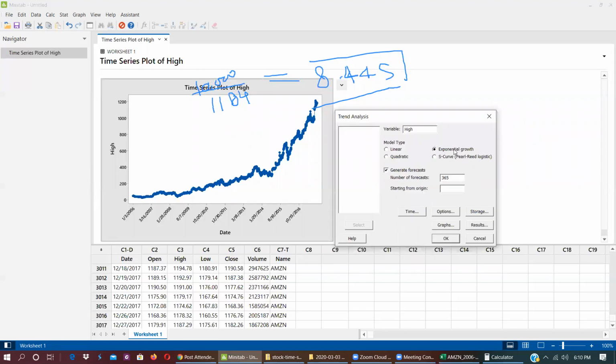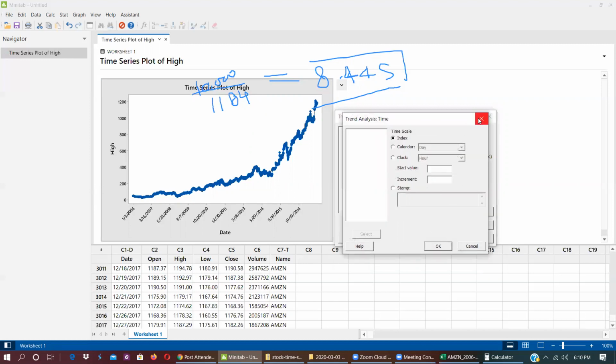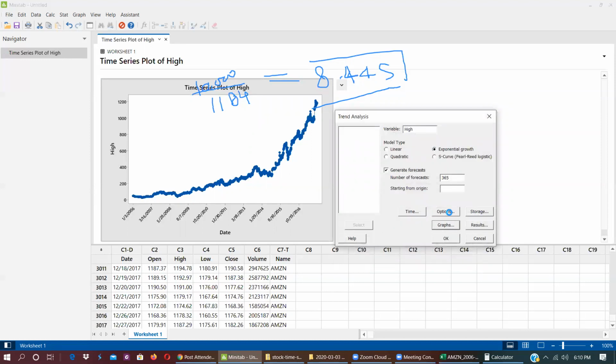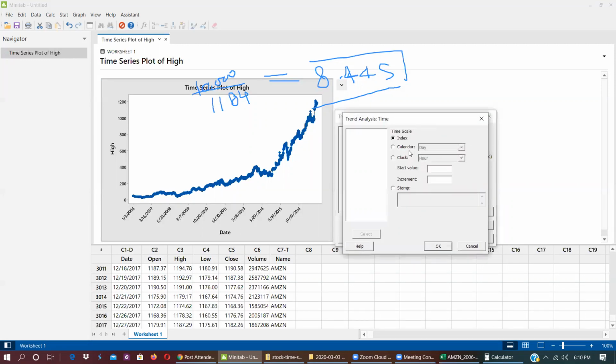So I'm just going to select exponential. Do I need to check graph? Here you can choose the graph options or not.